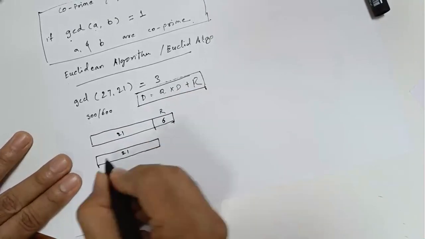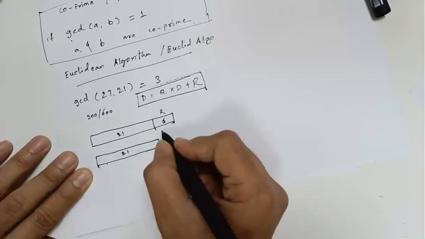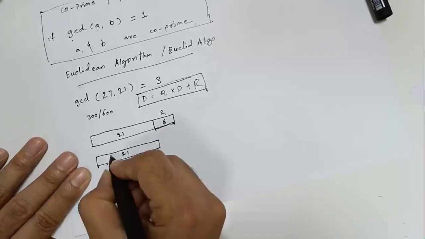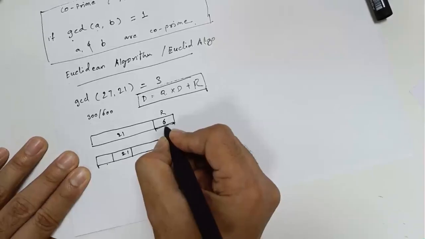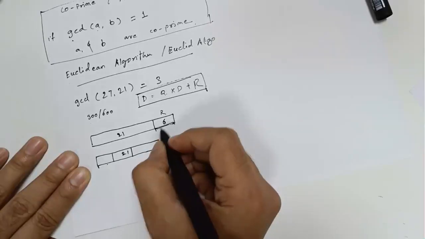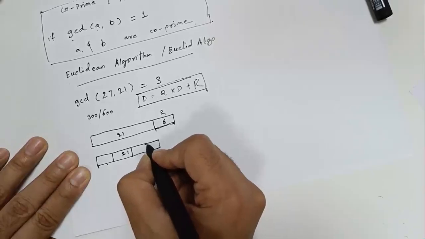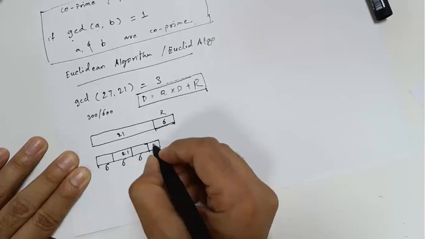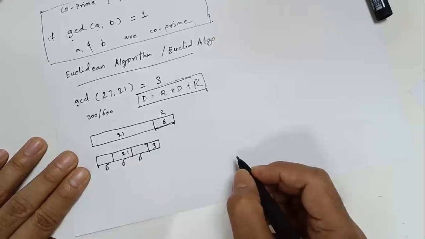Now the next step for finding the common divisor: whatever is the remainder, you divide that 21 into equal parts of this. How many equal parts of this can be divided? 6, 6, 6 will make 18, and the remainder is 3. Is it correct?